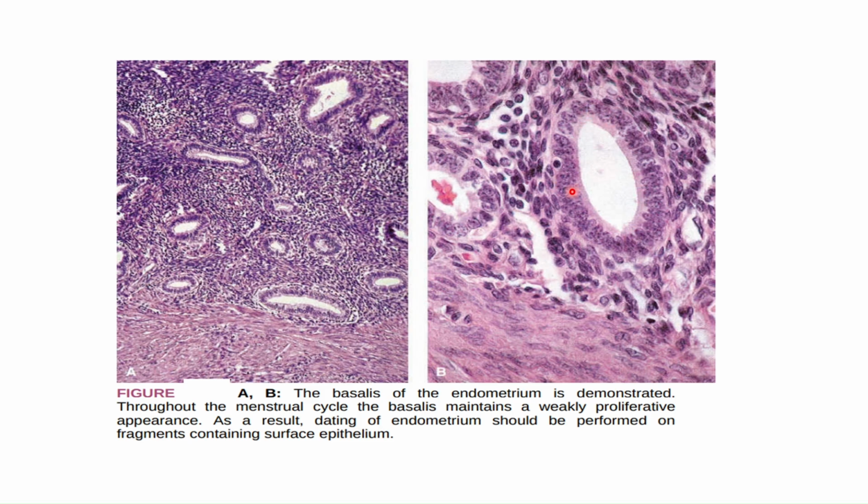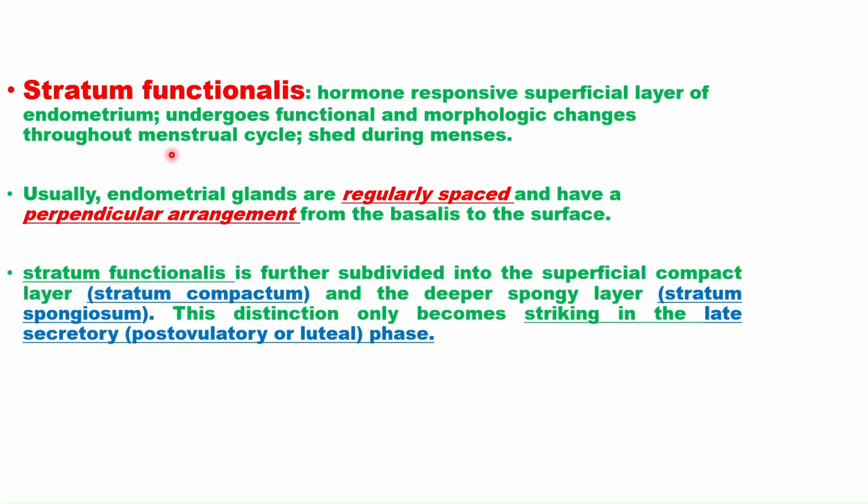In this high power view you can see single layered cells lining the tubular gland. Then the stratum functionalis is the hormone responsive superficial layer of the endometrium, which undergoes functional and morphological changes throughout the menstrual cycle and sheds during the menses.